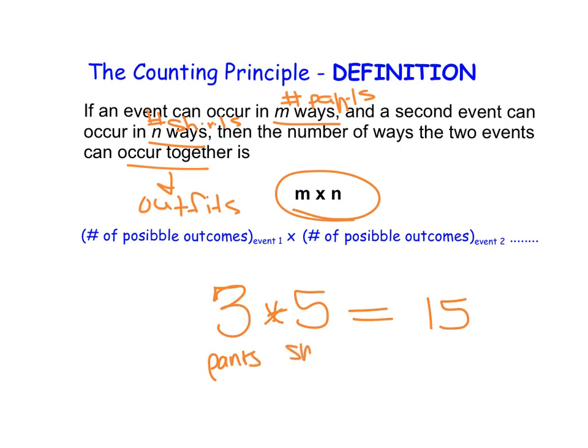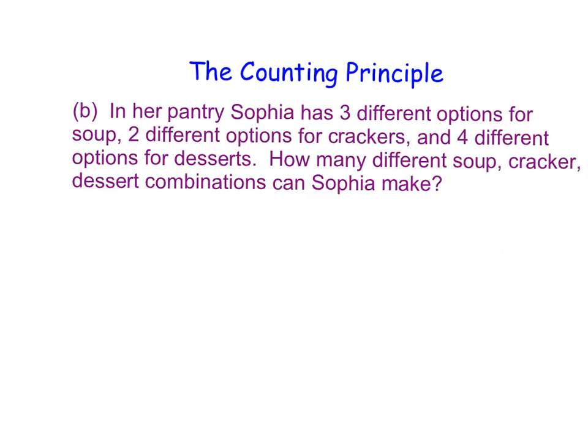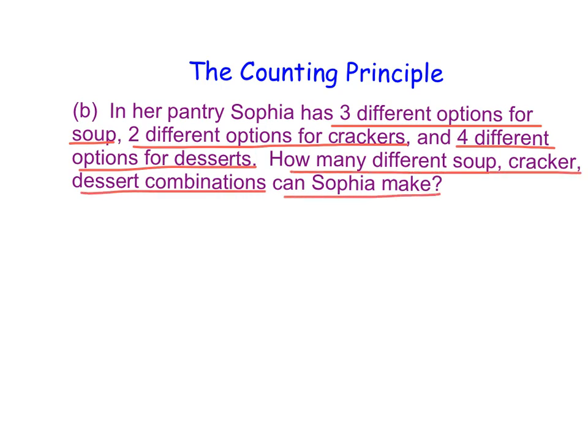And we're going to use this to help us calculate the number of outcomes in similar situations on the next slide. So in her pantry, Sophia has 3 different options for soup, 2 different options for crackers, and 4 different options for desserts. How many different soup, cracker, and dessert combinations can Sophia make?